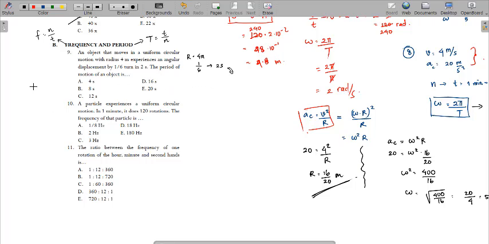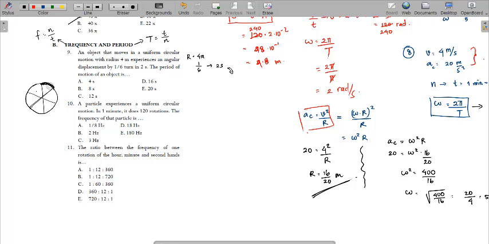1/6 turn. If this is one turn, you divide this into 6 parts: 1, 2, 3, 4, 5, 6. 1/6 is like here.